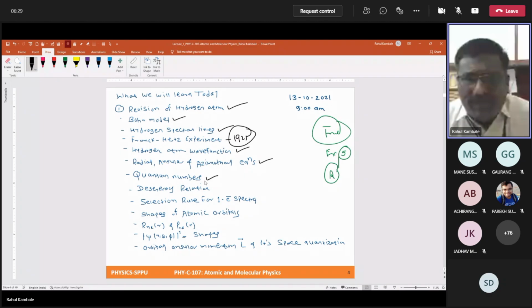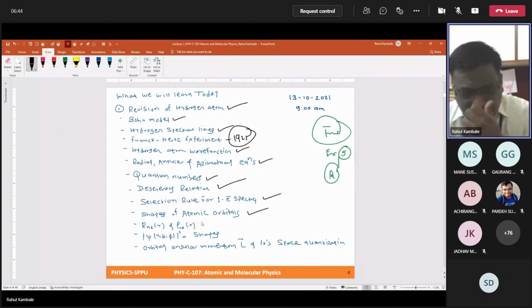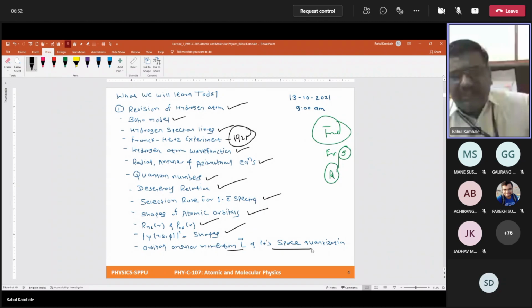Then quantum numbers. Throughout this week we will also cover degeneracy relation, selection rule for one electron spectra, shapes of atomic orbitals, radial function, radial probability function, and angular momentum and its space quantization.